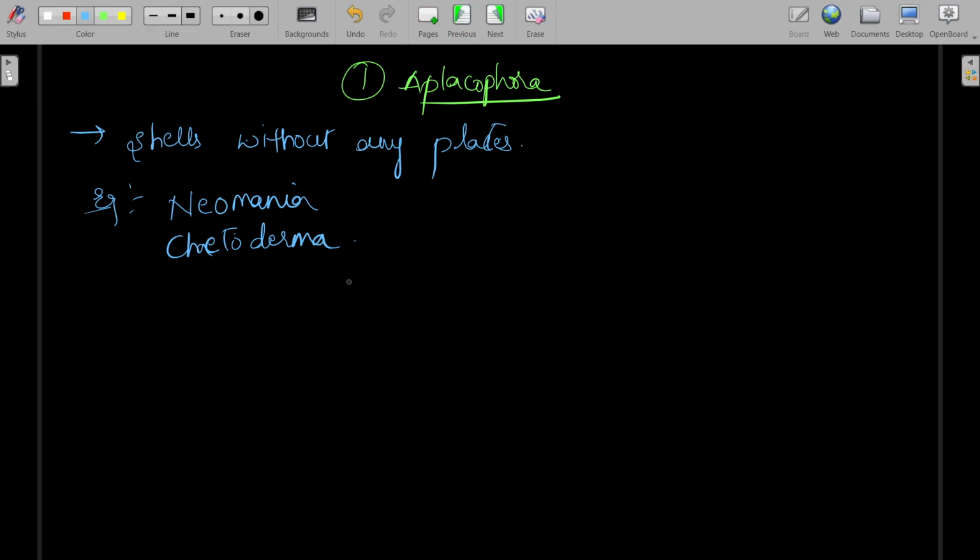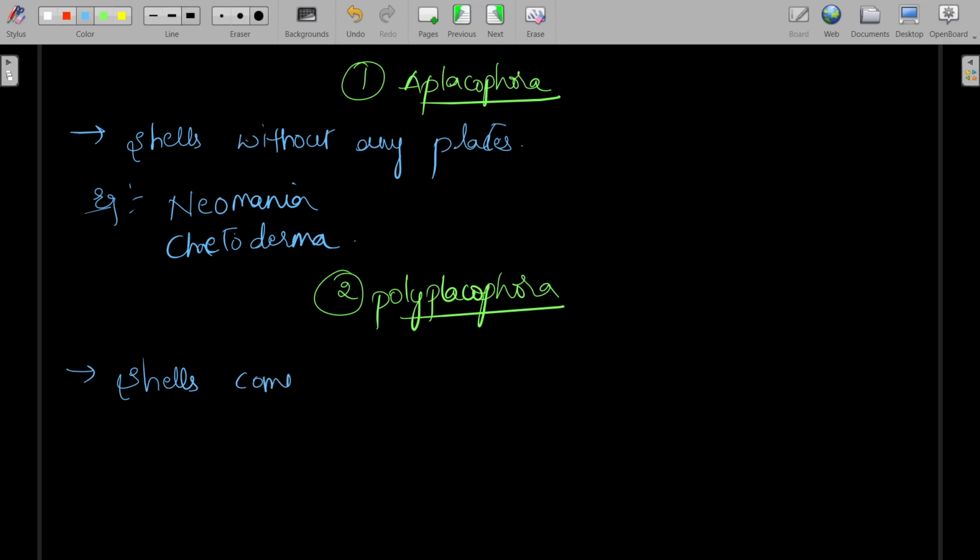Next, coming to the second class, Polyplacophora. In these organisms, the shell comprises overlapping plates.